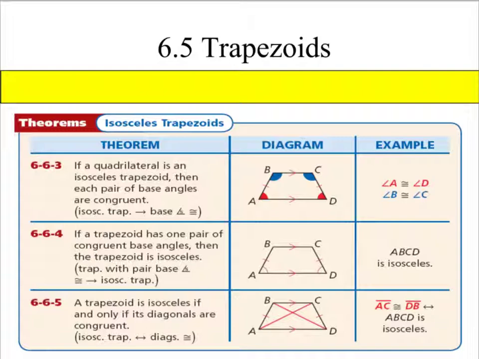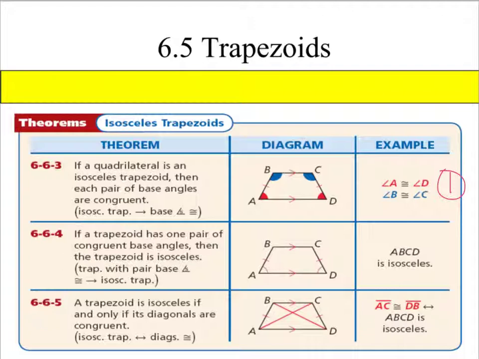Same thing with angle A and angle D in this very first theorem. And what makes an isosceles trapezoid? Well, you need to have a trapezoid, which tells you that you have one pair of sides parallel, not congruent, parallel. And then you're on a trapezoid. If you have two legs that are congruent, then you have an isosceles trapezoid.